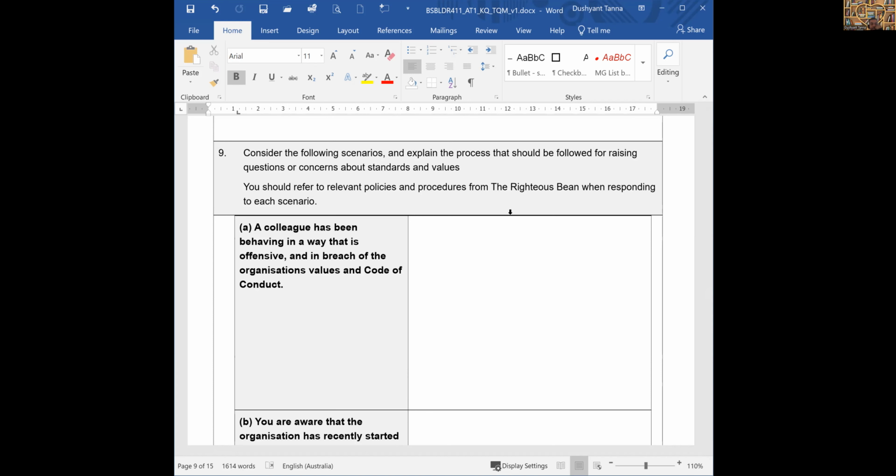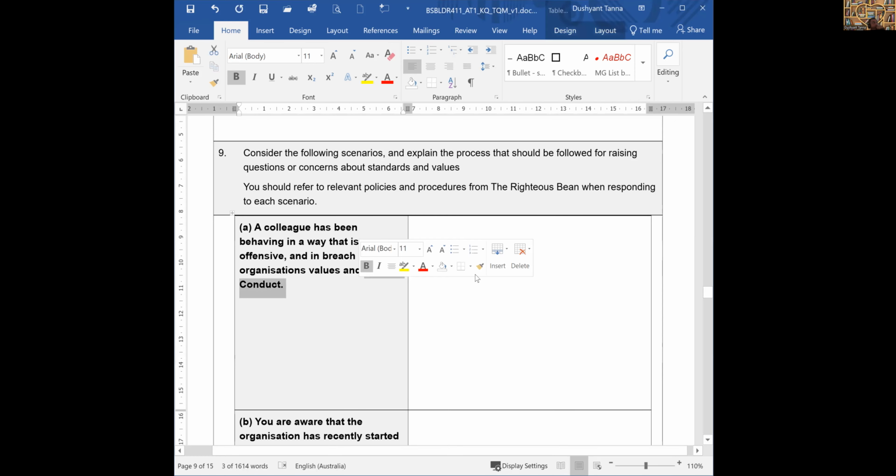Right. So what we are saying, what you are doing is referring to the code of conduct. Let me go on My Village and check it. BSBLDR411.